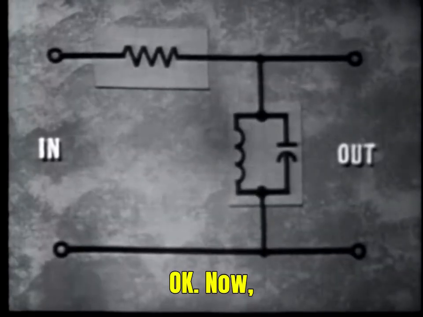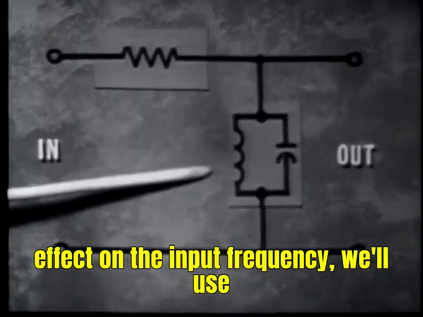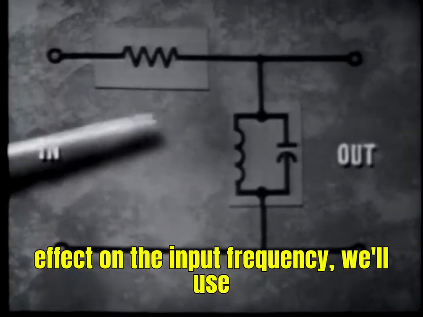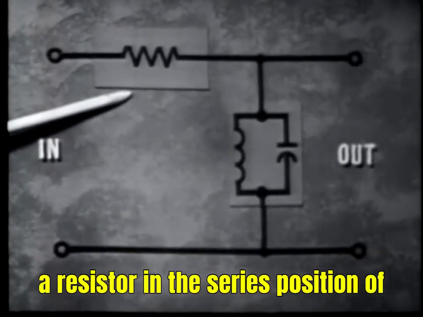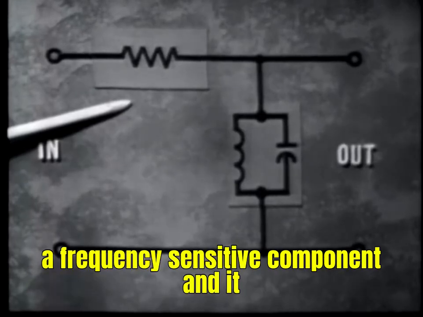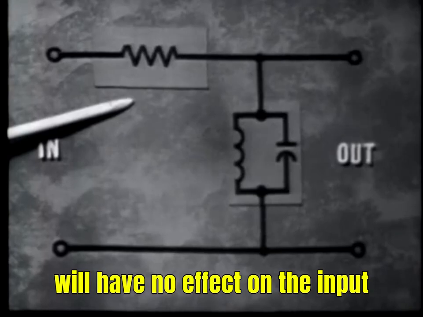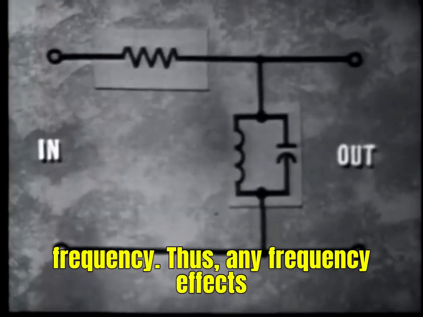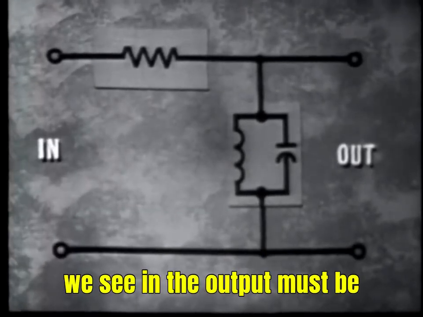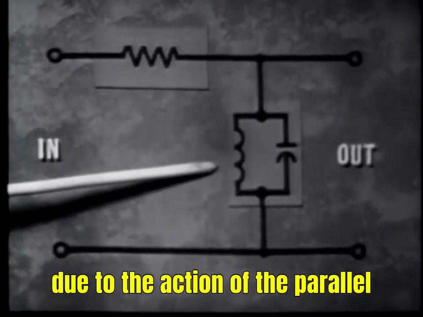Now since we only want to determine its effect on the input frequency, we'll use a resistor in the series position of the filter, because the resistor is not a frequency-sensitive component and it'll have no effect on the input frequency. Thus, any frequency effects we see in the output must be due to the action of the parallel tank circuit.